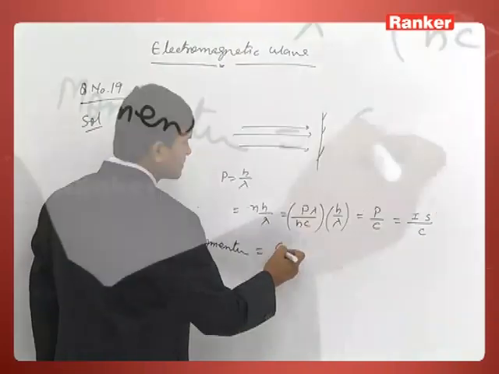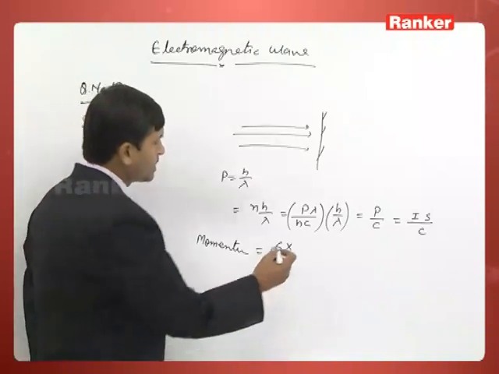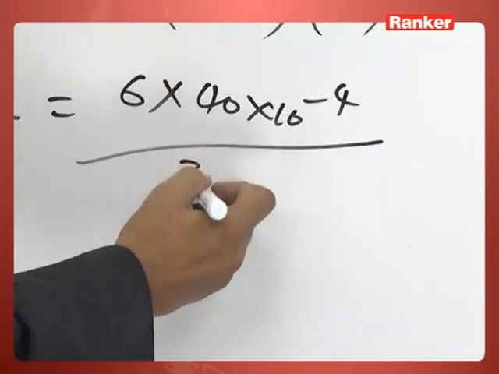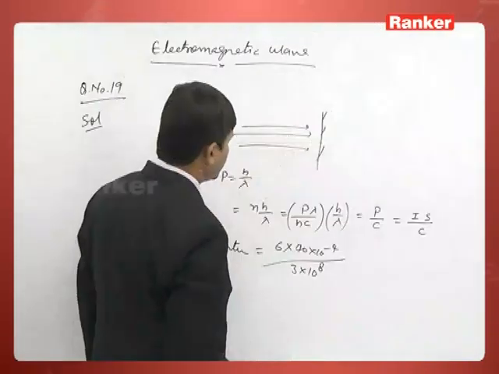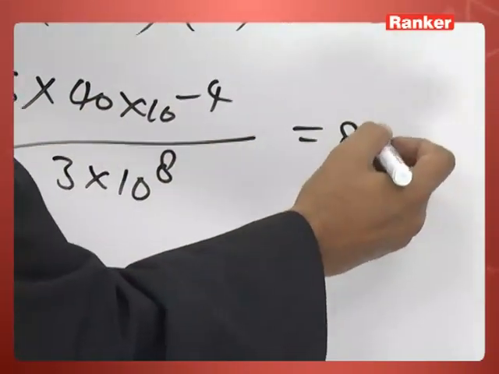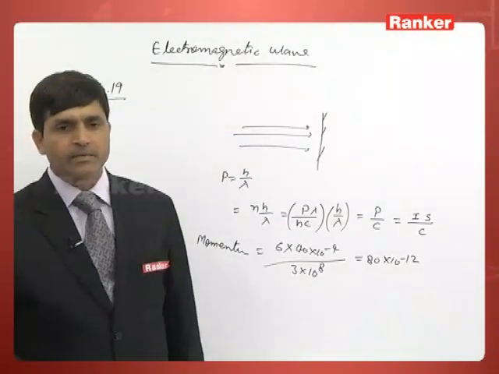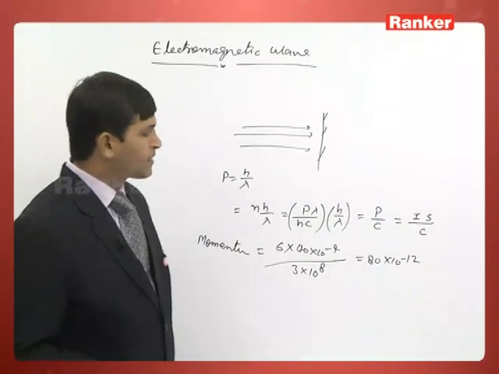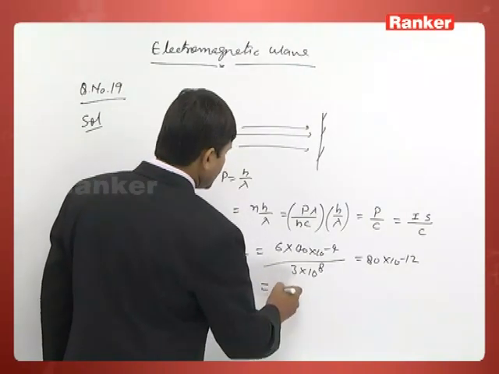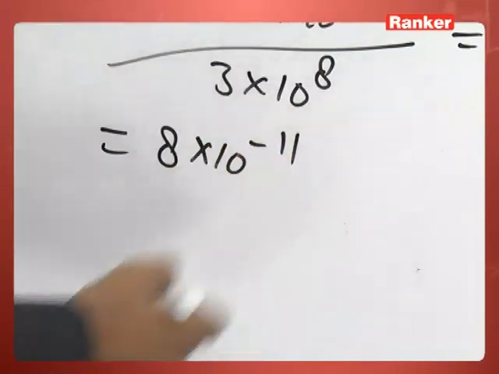Intensity is given 6, area of the plate is given 40 centimeter square, so 40 into 10 power minus 4, and c is the speed of light, 3 into 10 power 8. So this becomes 3 by 2, then 80 into 10 power minus 12. This is the momentum transfer. Further simplifying, this becomes 8 into 10 power minus 11.